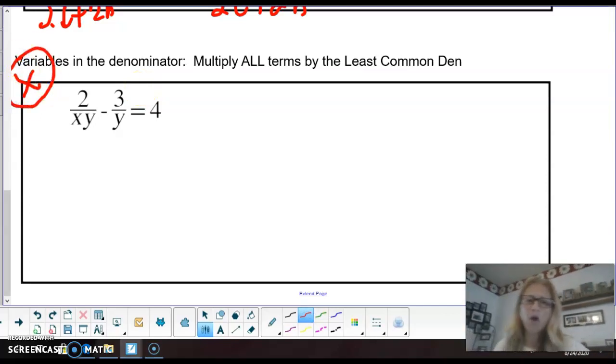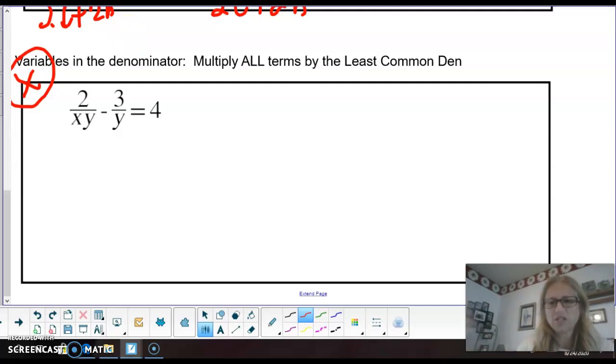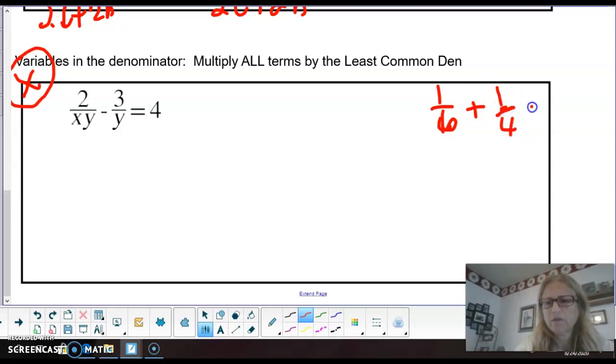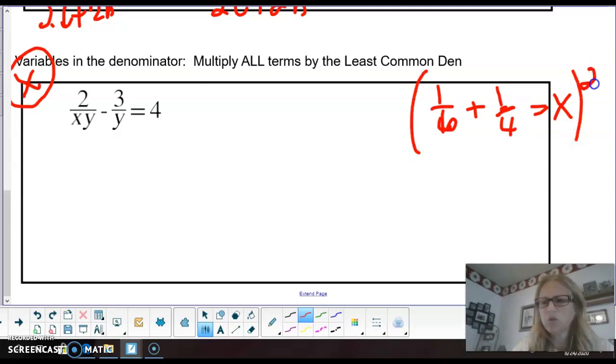We're going to multiply all terms by the least common denominator because what that does is it gets rid of the fraction. So for example, if I have 1/6 plus 1/4 equals x, when we want to get rid of those fractions, we multiply by the least common denominator, which we know is 24.